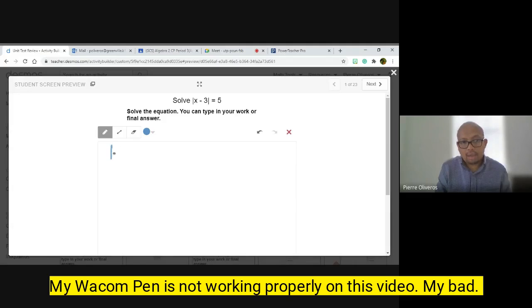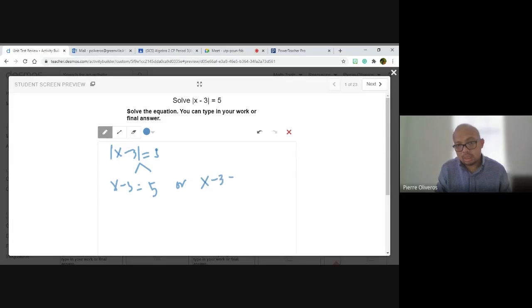So if I have absolute value of x minus 3 is equal to 5, you're going to split them into two. One is x minus 3 is equal to 5, or x minus 3 is equal to negative 5. You're going to add 3 here, add 3 here. x is equal to 8.